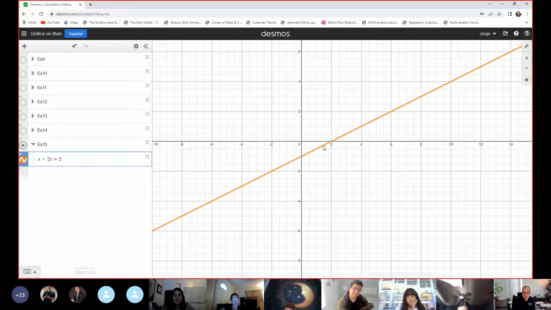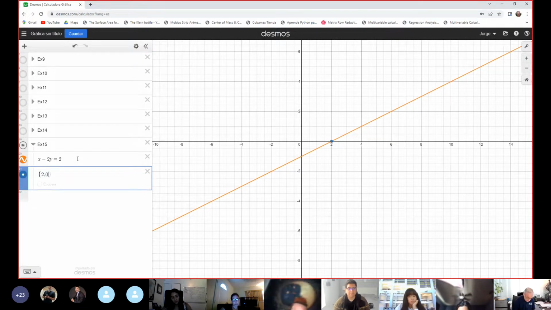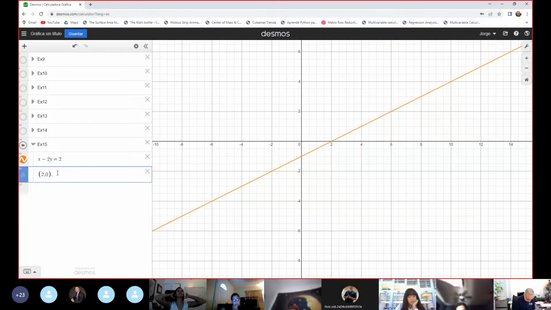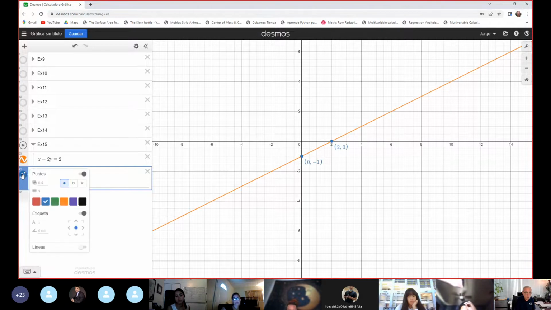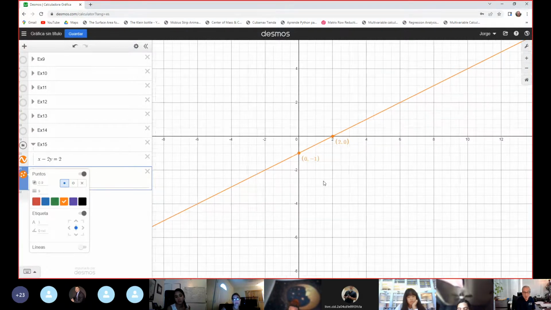And the intercepts are (2,0) and (0,-1). Cool. Label it to see more clearly, and make everything orange.